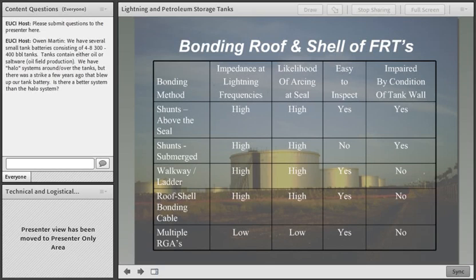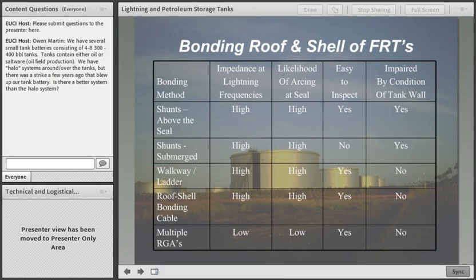You could also use the walkway or ladder to bond the roof and the shell, and you could use a conventional roof-to-shell bonding cable. However, both of these options do represent high impedances at lightning frequencies.